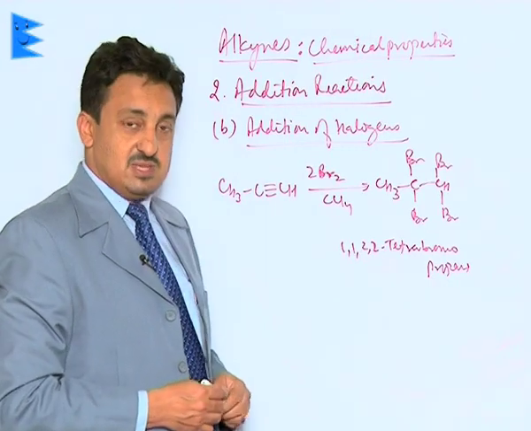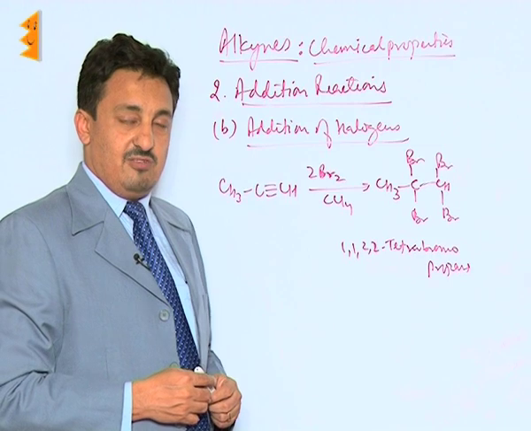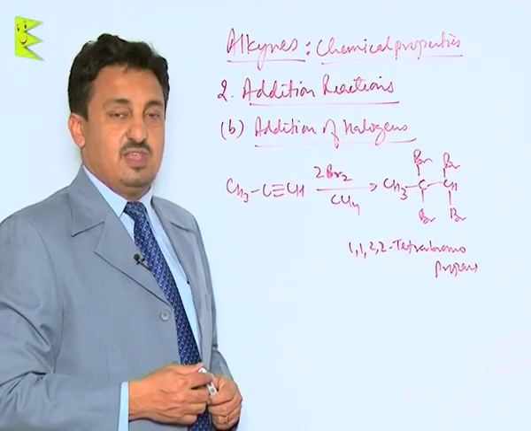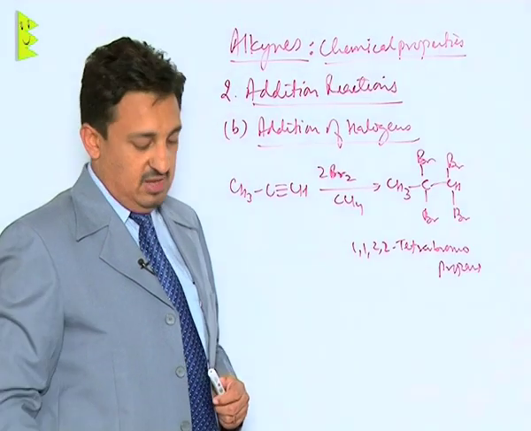And what we find is the orange-red color of the bromine also gets decolorized, which again is a test to check the presence of the alkyne or unsaturation in the organic compound.